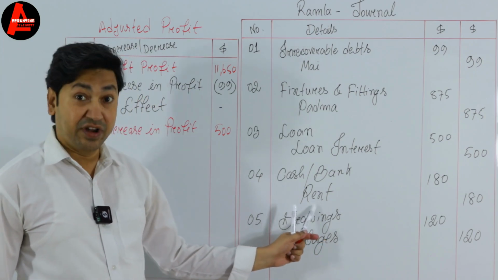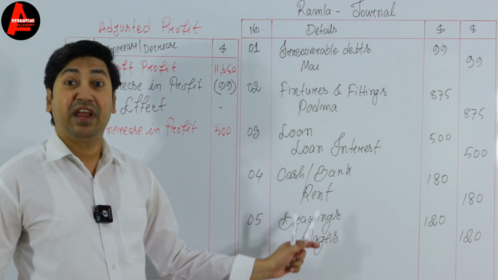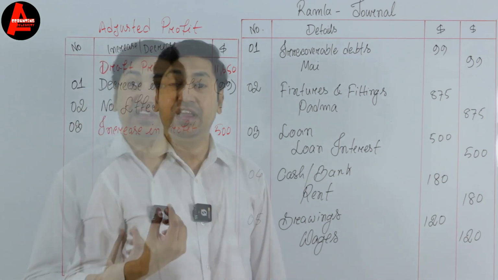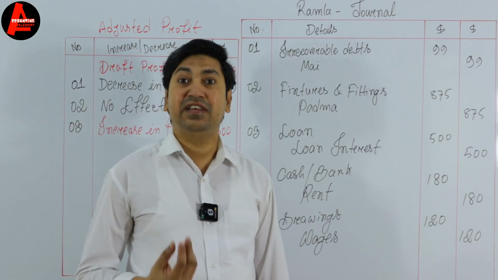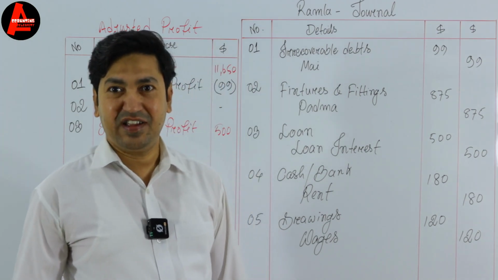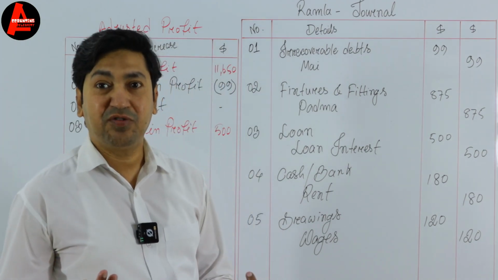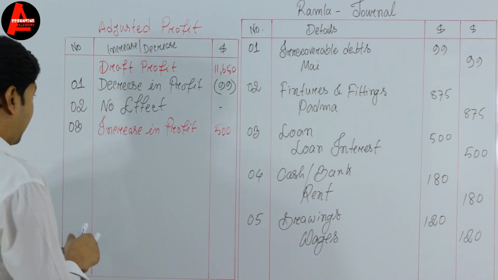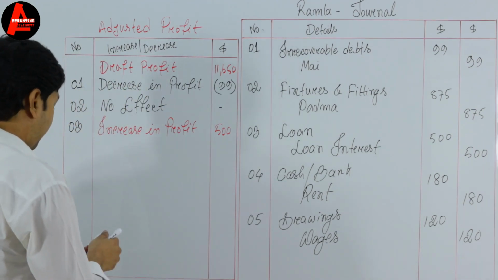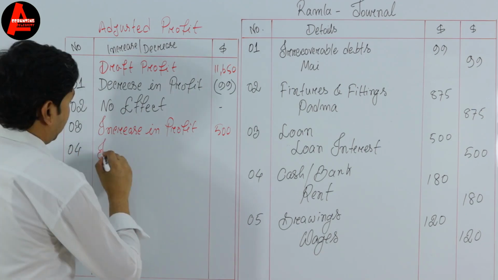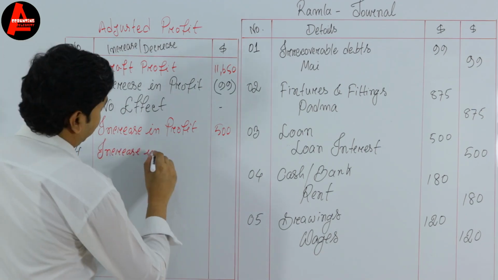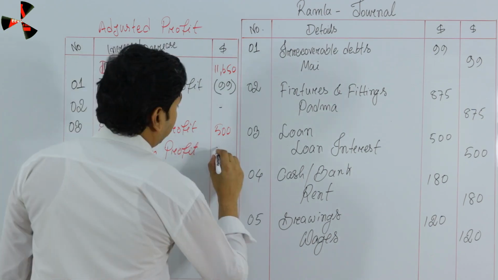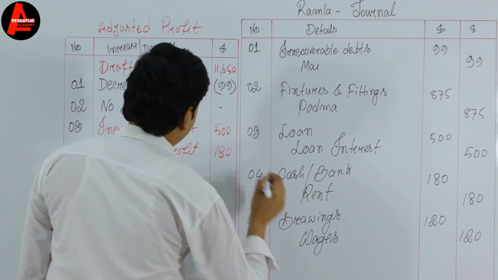Here rent is credited, which means rent is decreased. A decrease in expense means an increase in profit. So profit will again be increased. Let us write number 4, increase in profit, $180.